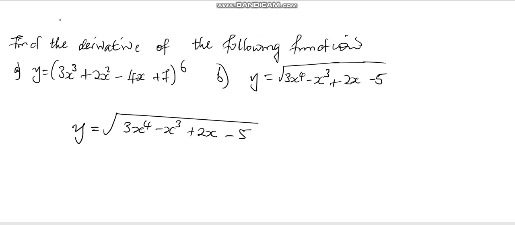We're going to write this root in terms of powers. So this is the same as open brackets 3x to the power 4 minus x to the power 3 plus 2x minus 5, then the power half.